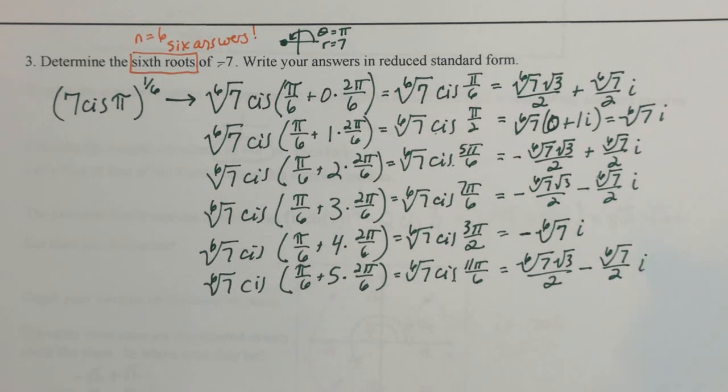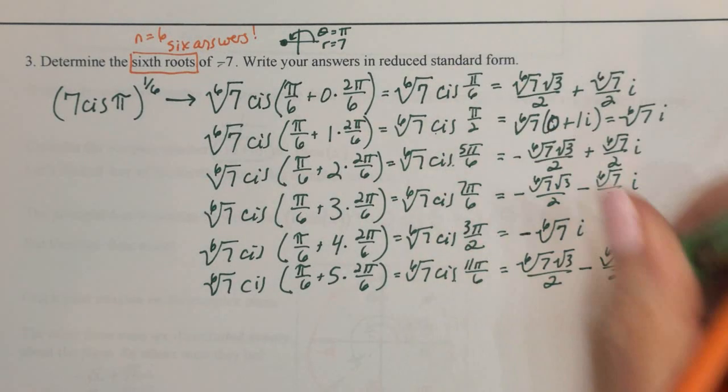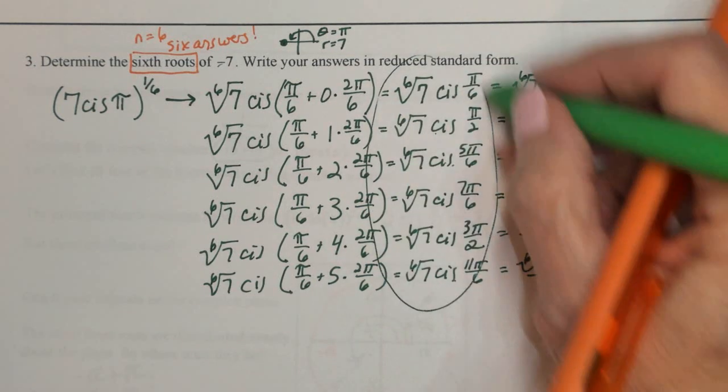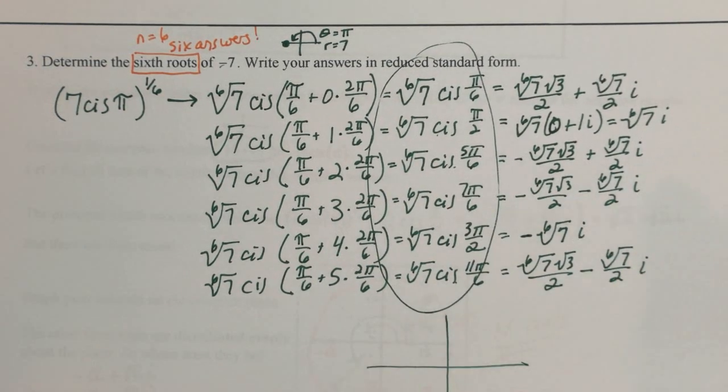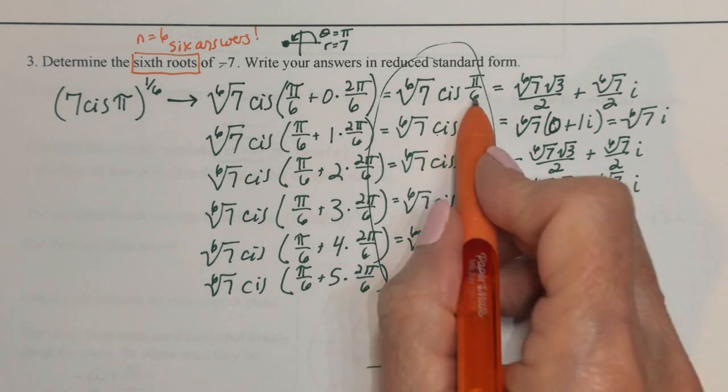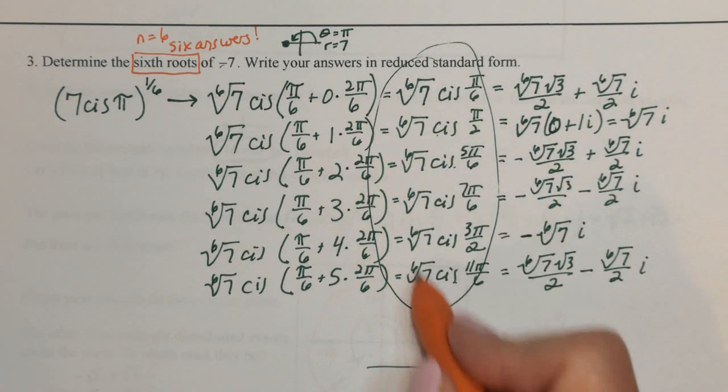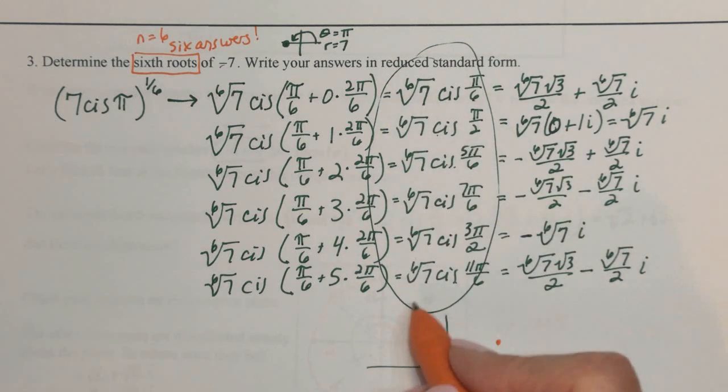I want to, before we leave this, think about where these guys are located. Well, we have pi over 6. All the moduluses are the same, the r values are the same.